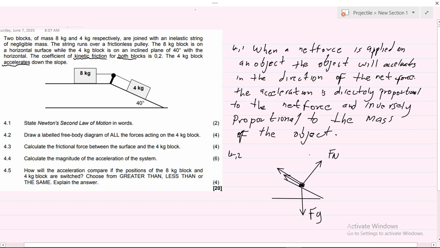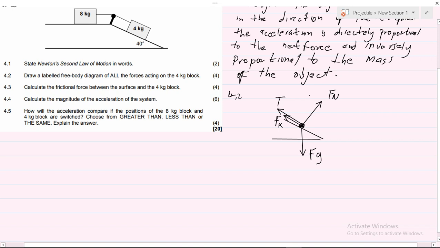Then our frictional force Fk is always parallel to the surface the block is on. Then we have our tension in this case. So our free body diagram must look like this. These are all the forces acting on this 4 kg block, and this was for 4 marks.